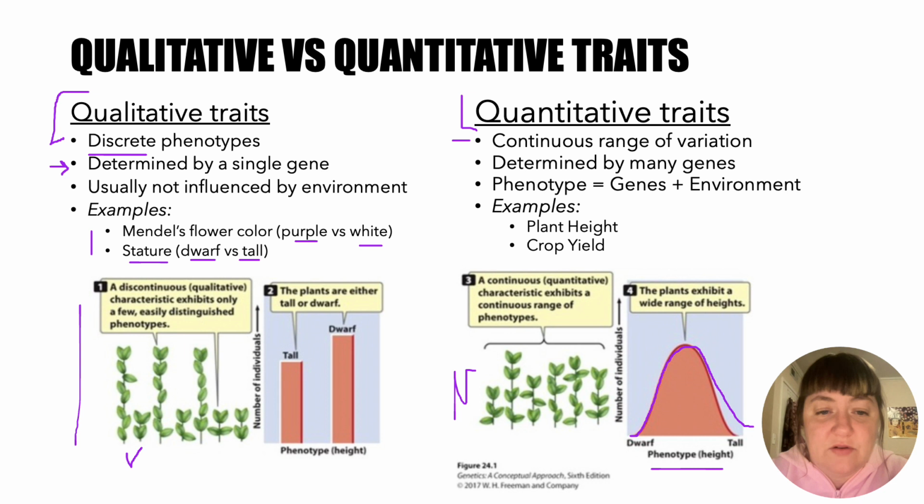The plants would show a lot of in between. And quantitative traits tend to be determined by many genes. And the phenotype that they show for a quantitative trait, like how tall they get, is going to be a product of their genes plus their environment. And some common examples of this are plant height, as we showed below, and crop yield, another one.